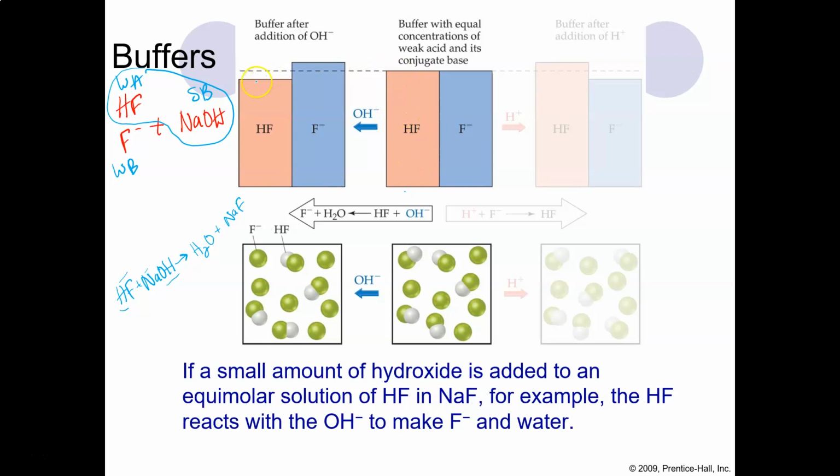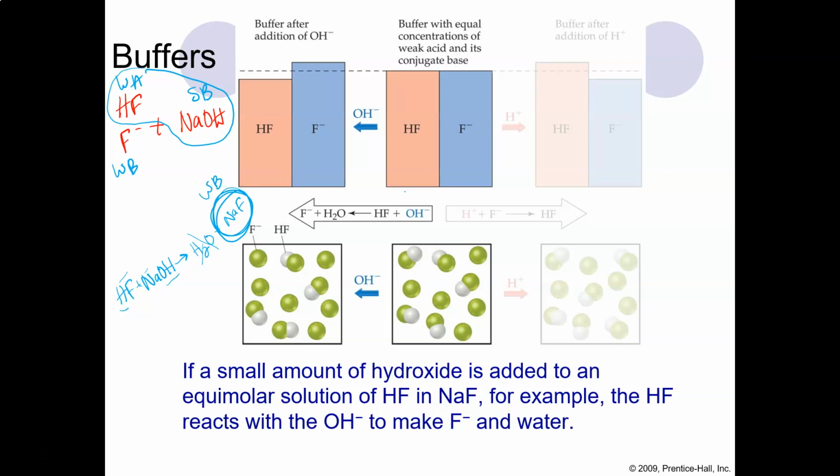At the end of the reaction, the amount of HF decreased because some of it reacted. It's gone now. It reacted with the sodium hydroxide, okay? But if you look at the F minus, the blue one, the amount of F minus actually went up from beginning to end because we made some of it. So in this process, adding a strong base, the strong base reacted with one of the components of the buffer, the weak acid part, and turned the strong base into water, which is neutral, and a weak base.